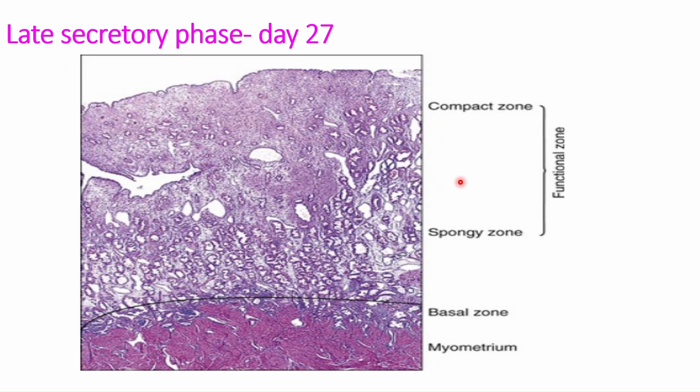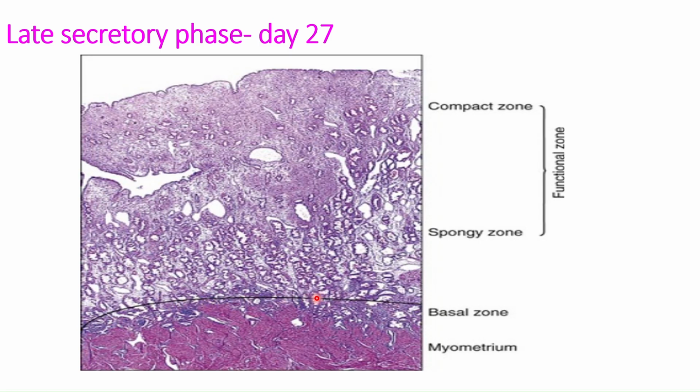Here you can see the compact and spongy zones. This is the surface epithelium. The upper part of the functionalis is called the compact zone, and the spongy zone consists of numerous secretory endometrial glands.